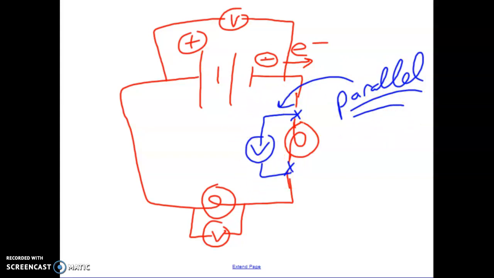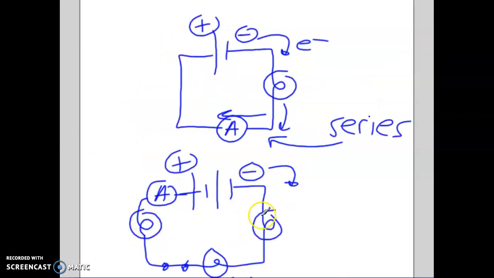But when we connect along the exact same lines, on the actual pathway that we have for our circuit, that is called connecting in series. This will come up again when we look at our last part for electricity. We're going to look at different types of circuit connections. Series is one and parallel is another.